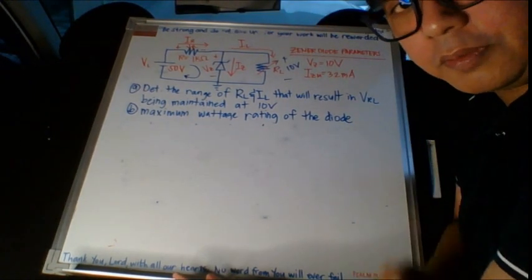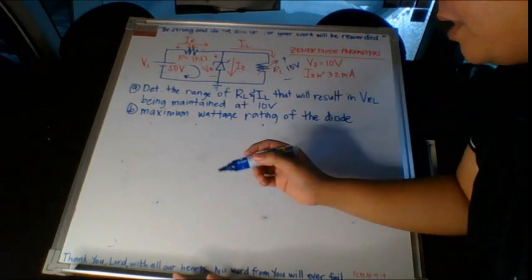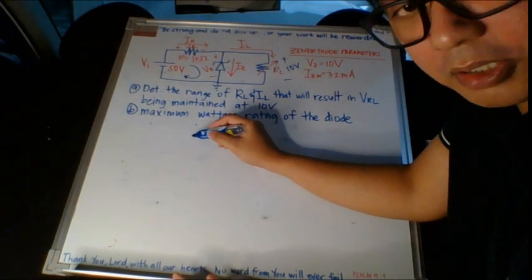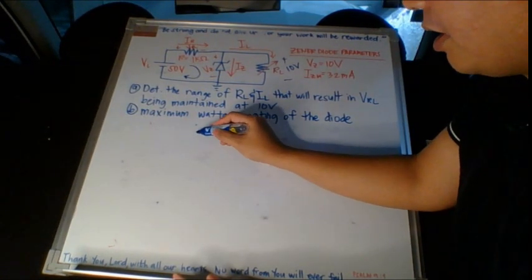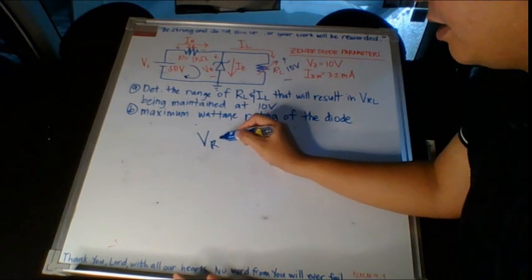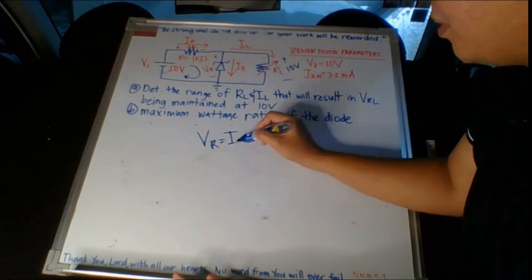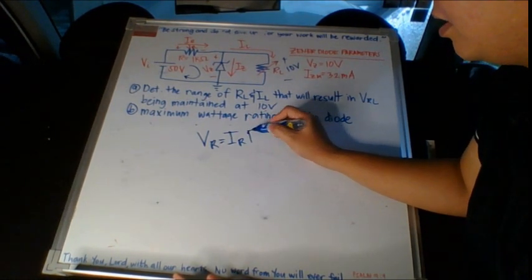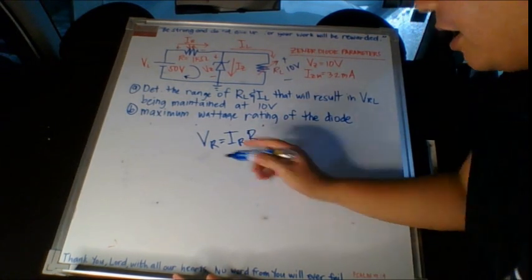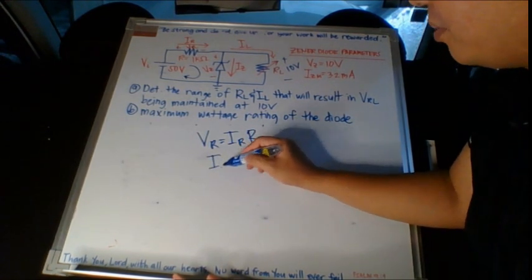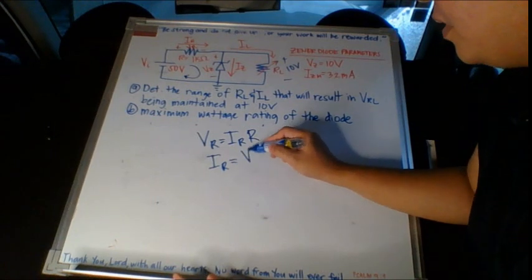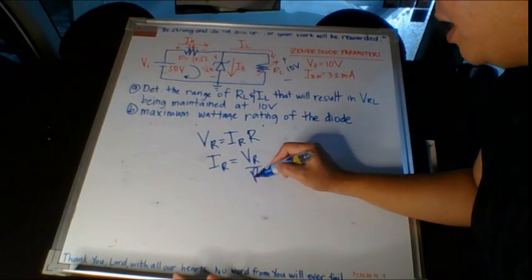Therefore, we can solve for I sub R. We have to set up the equation for the voltage across the series limiting resistor. We have V sub R equals I sub R times R. Rearranging the equation, we have I sub R equals V sub R divided by R.